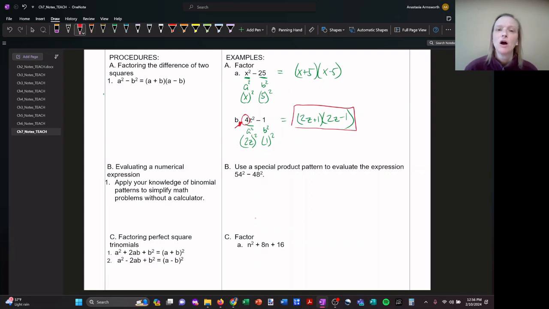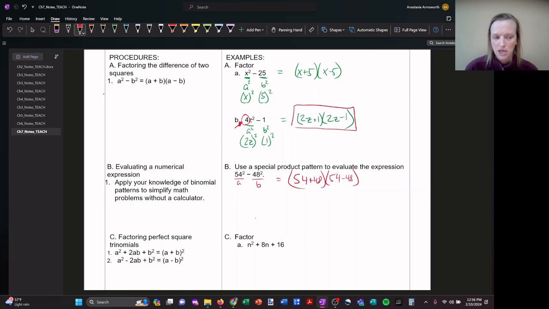But we can simplify this problem by writing it as the difference of two squares. This is my a value, 54, and my b value is 48. So if I rephrase this math problem as 54 plus 48 times 54 minus 48, these are now math problems that I can do in my head.